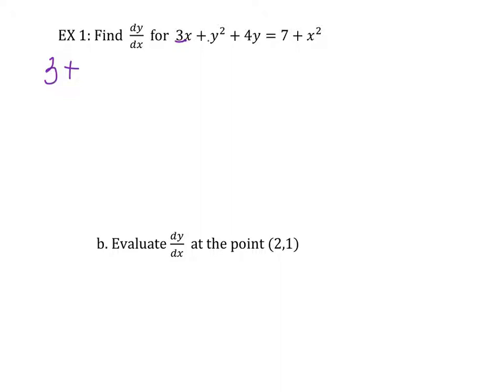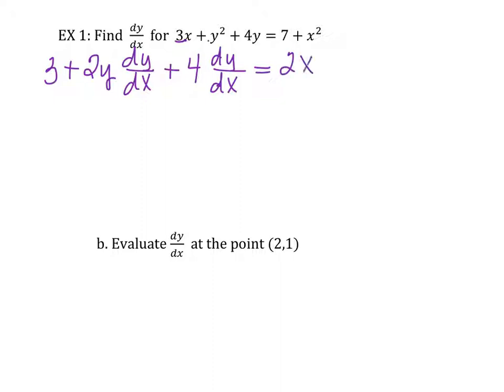Well, you take the derivative with respect to y, so you do the power rule, and you get 2y, but you have to remember dy/dx. Now keep going down the line. Plus 4 dy/dx equals, of course, the derivative of 7 is 0, so that goes away, and I have 2x.